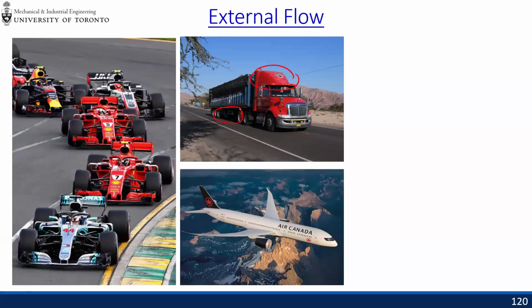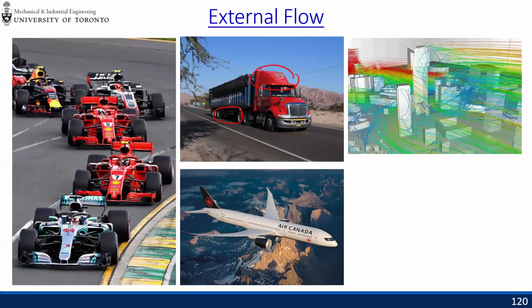Planes, that's a very straightforward classic example of external flow. Cities. You can actually run simulations to predict what the flow around a city looks like. There's a very active research community on that.